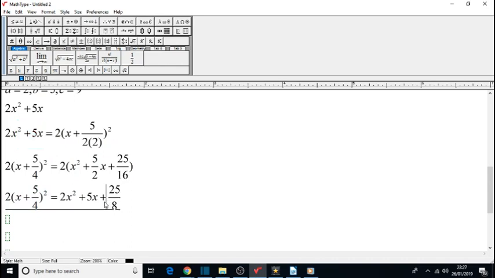Therefore, to make the left-hand side equal to that, we're going to get rid of the 25 over 8, so that we only have 2x squared plus 5x. So we're going to minus it.